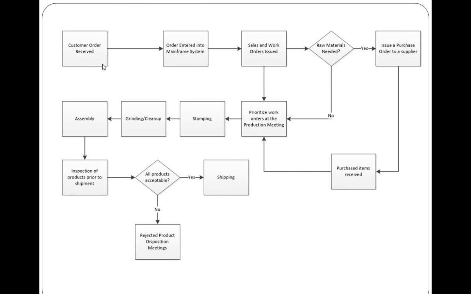And they have processes such as customer order received, sales and work orders issued, grinding cleanup. Are these truly individual processes in the spirit of the definition of processes? And remember, that definition was a set of interrelated or interacting activities with a shared result. So important to bear that in mind.